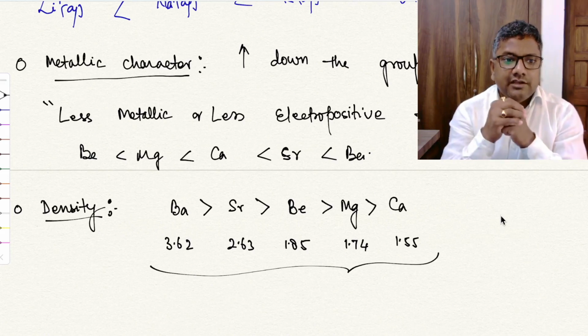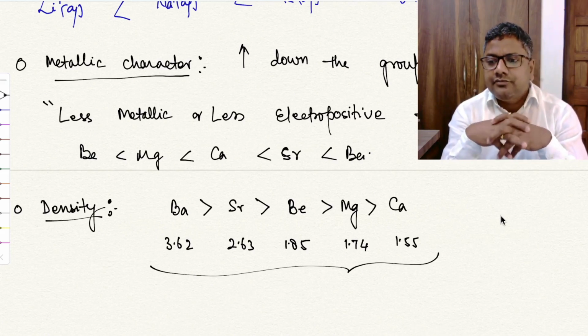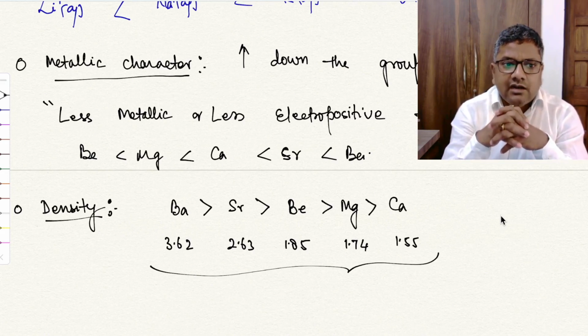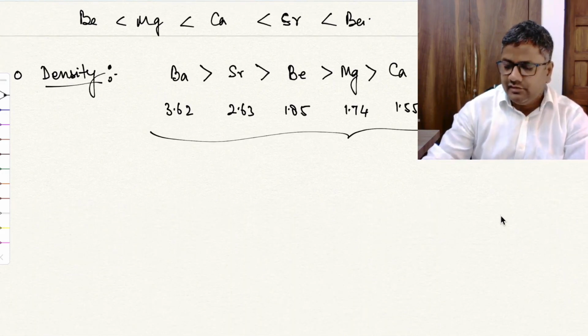Now see hardness. If we are talking about hardness, all metals are relatively soft, but harder than alkali metals, right?